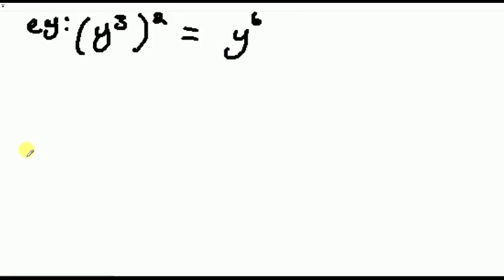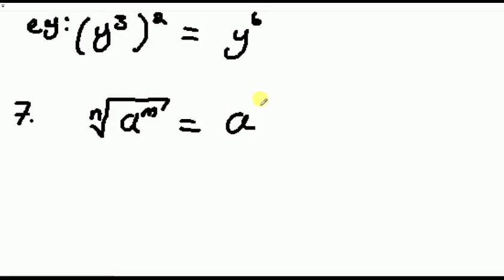So let's get to rule number 7. Rule number 7 says that the nth root of a to the power m is equal to a to the power m over n.